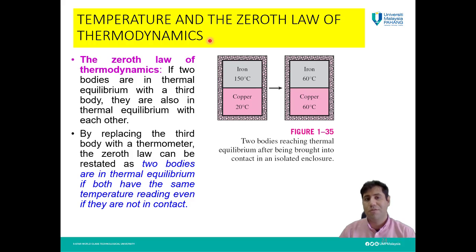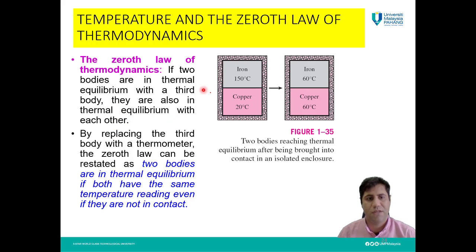Because this law was discovered after the first and second laws. Then we needed to go back and define it, and its priority is before the first law and second law. According to this law, if two bodies are in thermal equilibrium with a third body, they are also in thermal equilibrium with each other.